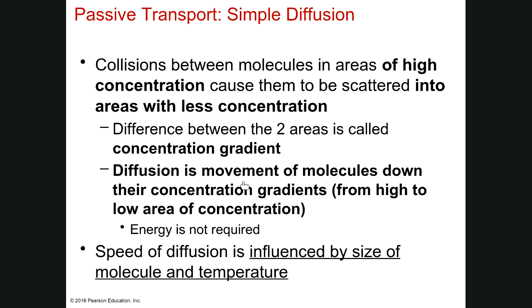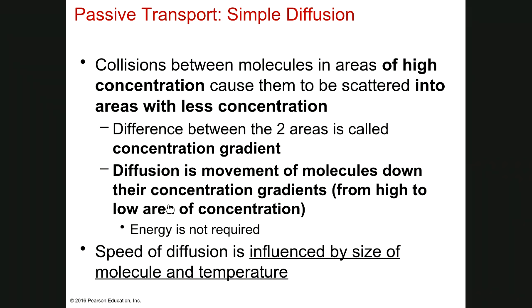So in simple diffusion, what's going to happen is that molecules, remember we're dealing with solutes here, are going to move whenever there's a concentration gradient, from where the substance exists in high concentration to where it exists in low concentration.